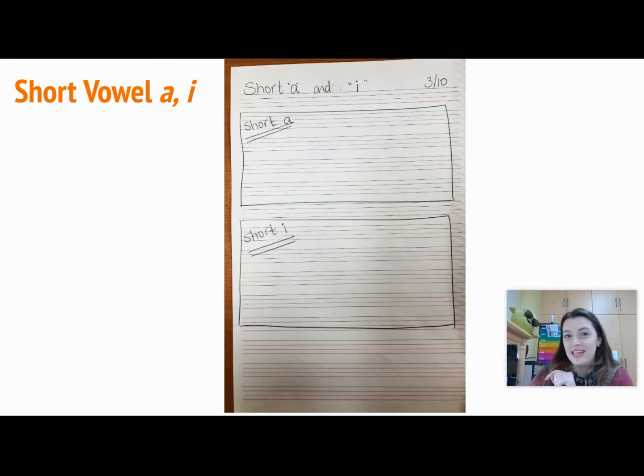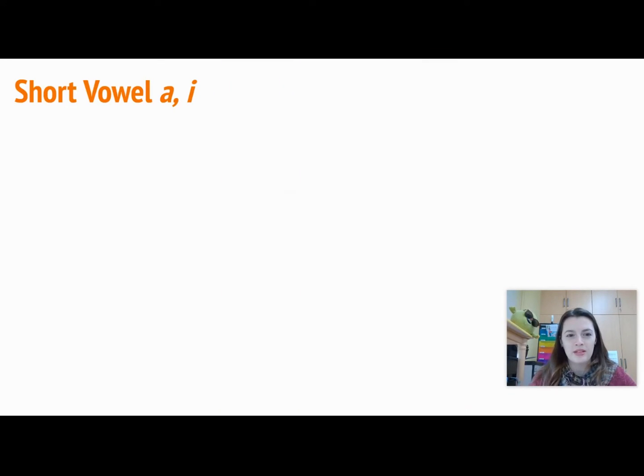Okay, let's see if any of your words match my words, because I wrote some down too. If they match, I want you to highlight them or circle them and give yourself a point. Here we go. Let's check. Okay, so for short A, let's do short A first.